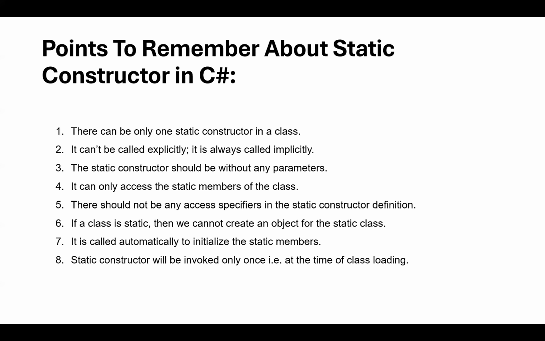Access modifiers should not be specified in a static constructor definition. And if a class is static, we cannot create an object of the static class. It is called automatically to initialize static members. So a static constructor will be invoked only once, when your class is loaded. That's all.